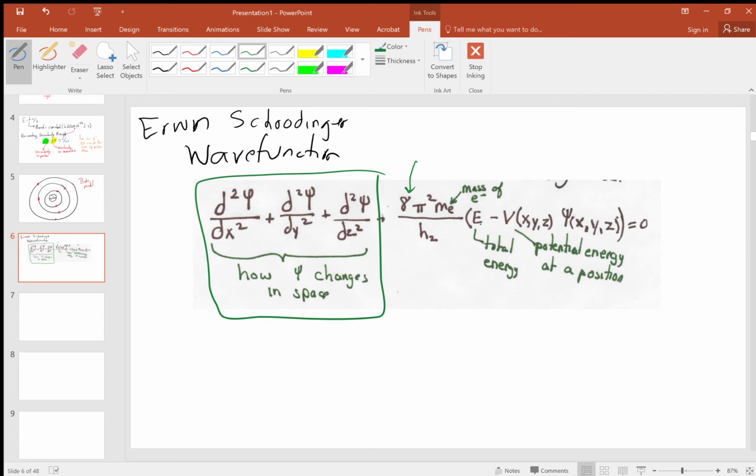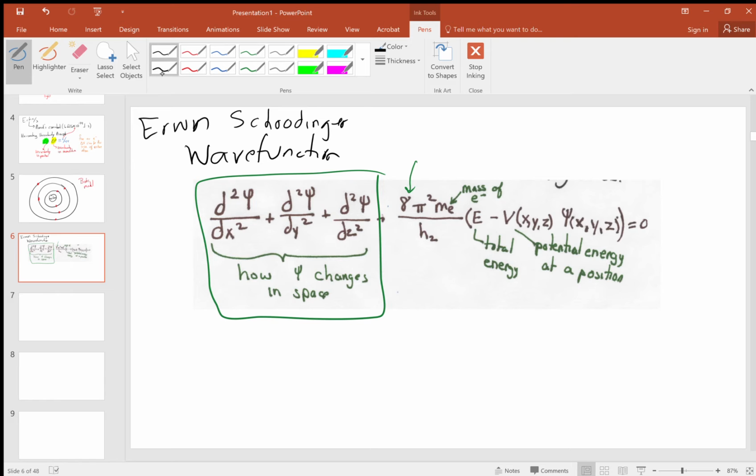And then that's multiplied by the total energy minus the potential energy at a given position. So not an equation we're ever going to look at or solve, because solving it basically requires high-level calculus.